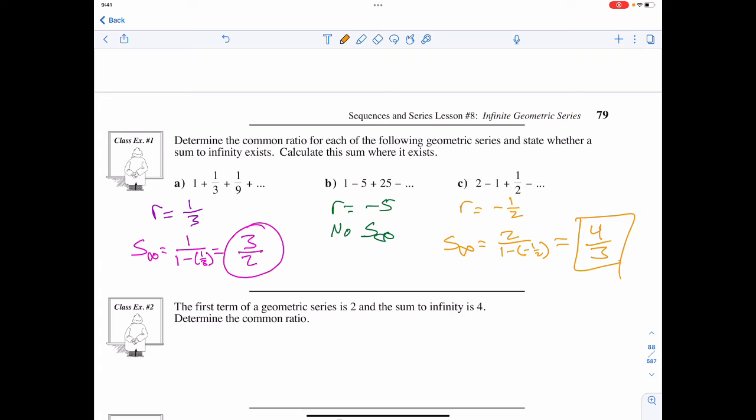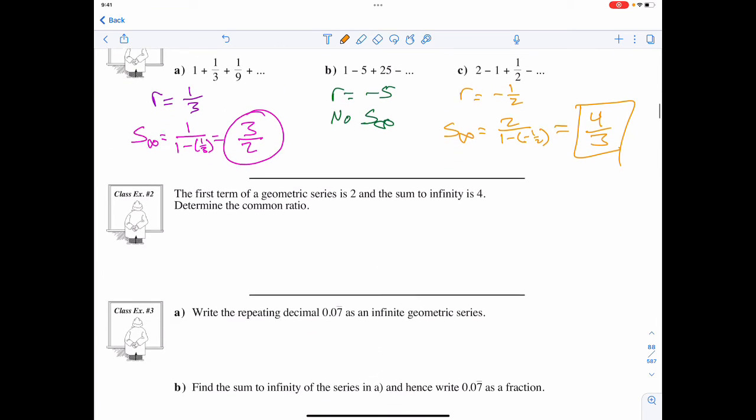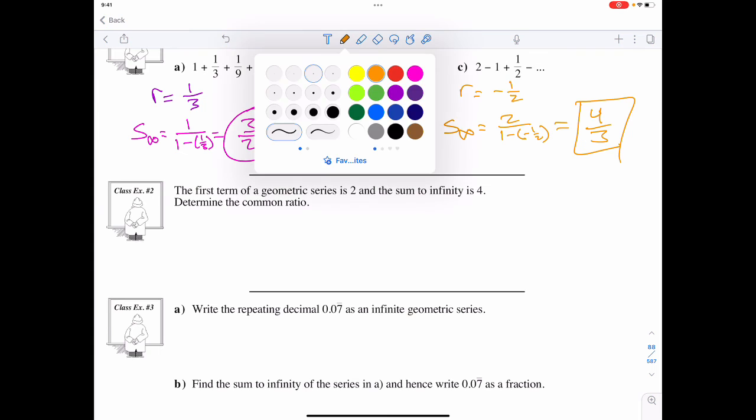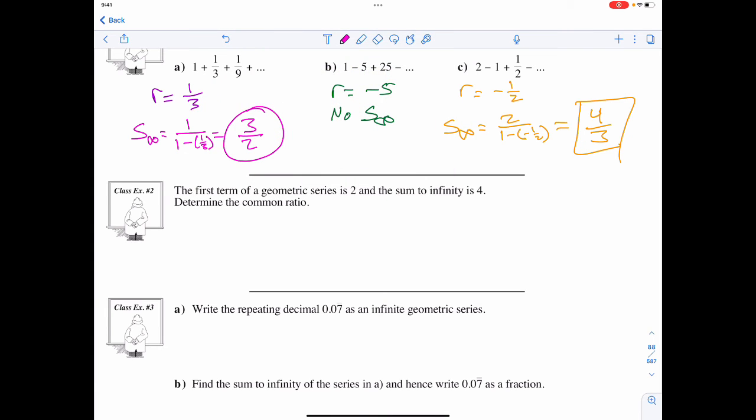Now, we already know we can rearrange formulas to solve for other pieces that are missing. So in this case, for example 2, it tells me the first term, it tells me the infinite sum, and it wants to know what my R value is.